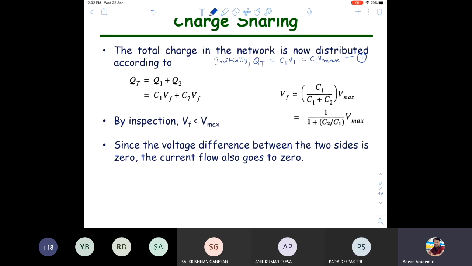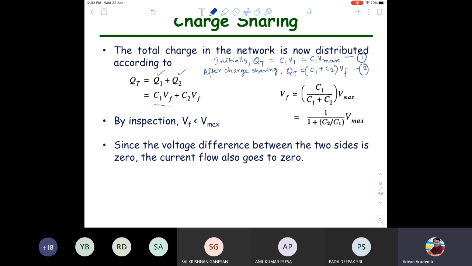Now, second, after charge sharing has taken place, what has happened? The total charge is now equal to the charge in the first capacitor plus the charge in the second capacitor, that is Q1 plus Q2. Q1 is now C1 Vf, when voltages in both capacitors are the same, plus C2 Vf. Therefore it becomes C1 plus C2 into Vf.